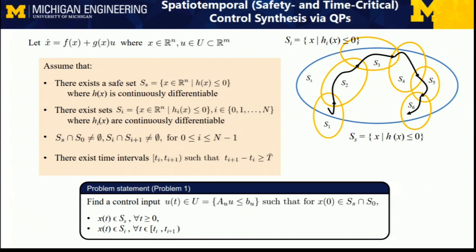We have also control inputs in this box type form. And as I said, the problem is how to find a feasible control input such that we have set invariance for the trajectories of the system and also attractivity of set Si plus 1 from the trajectories lying in the set Si.